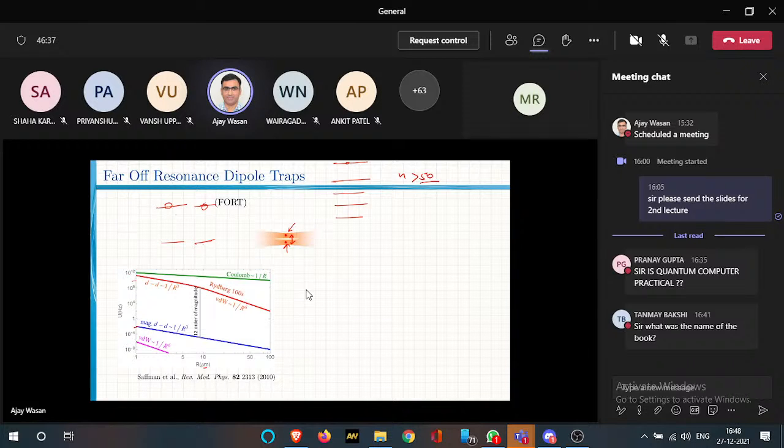It's a big number. And this happens only when the atom is excited. If you don't excite, then there is no interaction. That's why neutral atoms are very rich for making atom interactions: when you can make a dipole there is interaction, and when you let them relax, there will be no interaction.